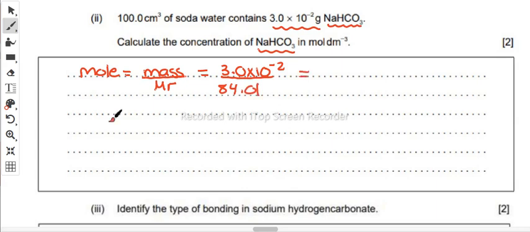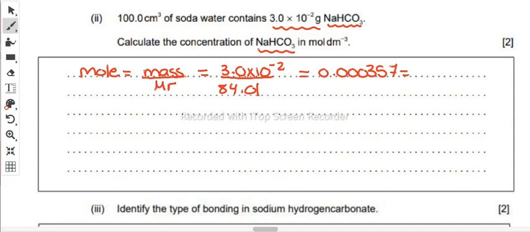And our final answer as mole number is 0.00357. If we take into consideration the number of significant figures, it's 2 significant figures for the mass, and 4 significant figures for the molar mass.